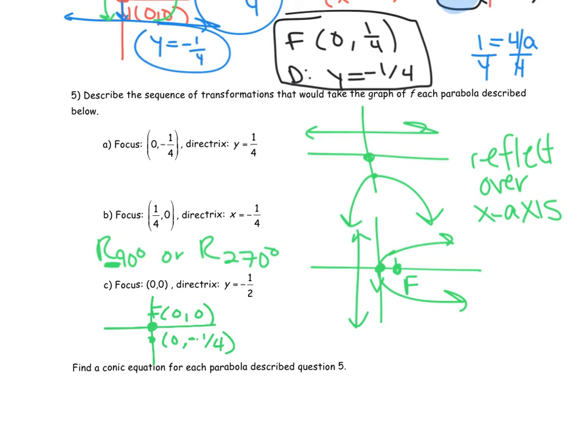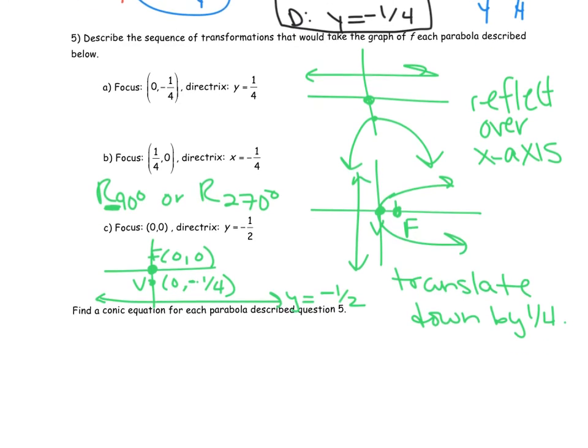That's my vertex, and there's the focus. The directrix will now be located a little bit farther down, at y = -1/2 instead of -1/4. So all we did was translate down by 1/4.